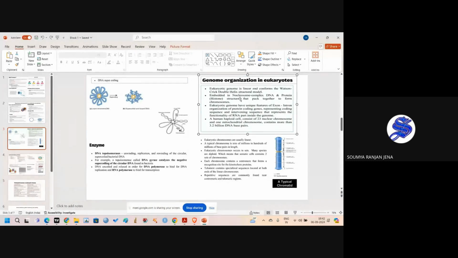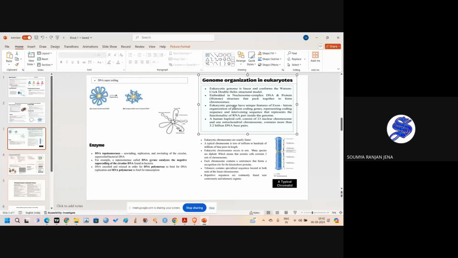This nucleosome complex contains both DNA and proteins, and we call this protein histone protein. These are called structural proteins, which pack together to form a chromosome. This histone protein compresses the DNA to pack it into a chromosome. Then we can discuss in our figure.